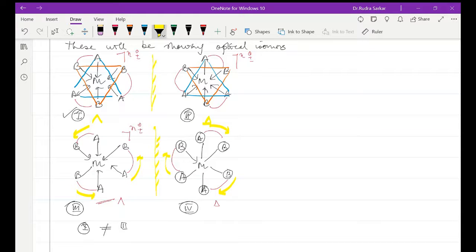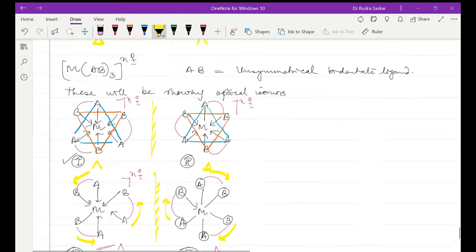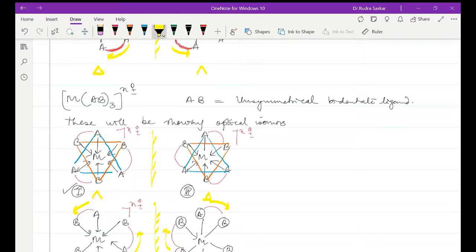All right. So what can we say when we have a complex of the type MAB3 whole thrice? Then there are actually not 2 optical isomers, but 4 optical isomers possible.